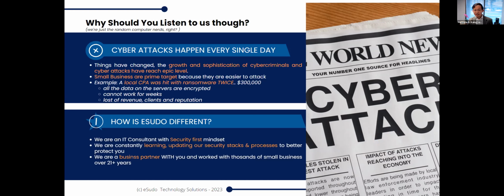Our team is constantly trying to keep up to date with all the security trends, learning about the latest technology, processes and procedures. So we're constantly learning. At the same time, we're attending conferences, keeping ourselves up to date with other peer groups and masterminds in order for us to better ourselves.